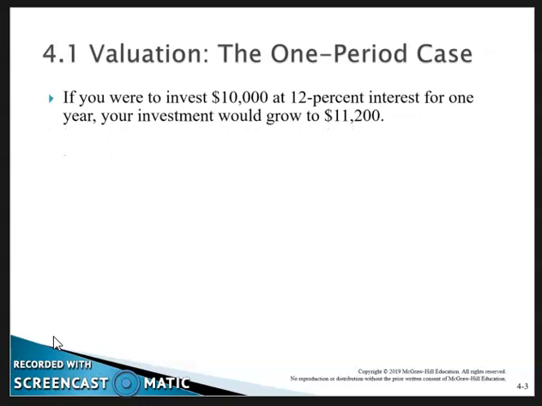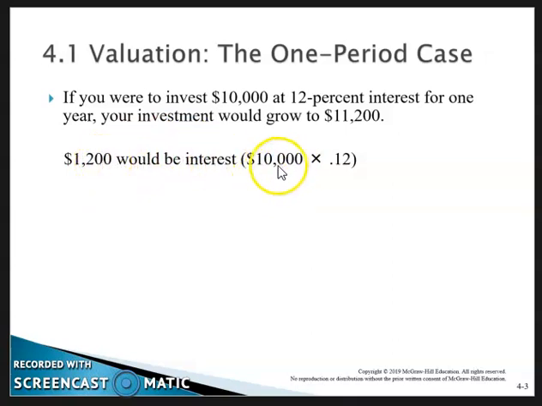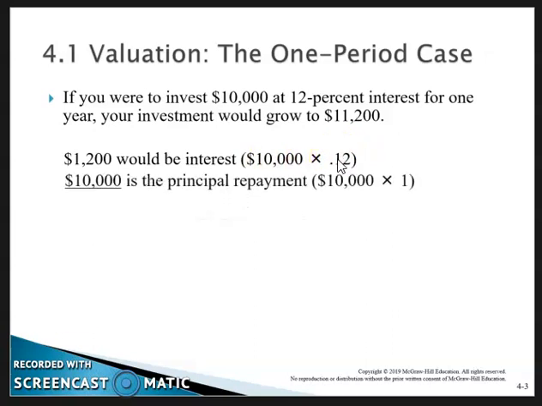So if you were to invest $10,000 at 12% for 1 year, your investment would grow to $11,200. The $1,200 would be interest, so 10,000 times 0.12, or 12%. $10,000 is the principal, so 10,000 times 1 would give you your principal repayment.